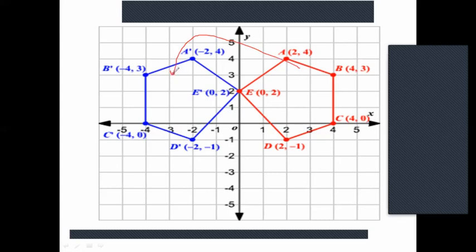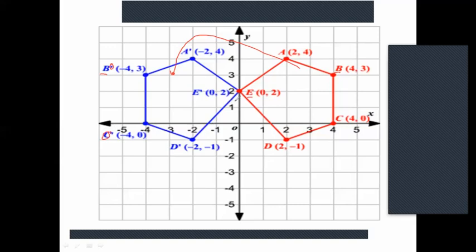Now, how do we identify again? Capital letters in the object, and in the image, capital letters but with an apostrophe symbol at the top side. So capital letter C with the symbol. So the red one is the object.